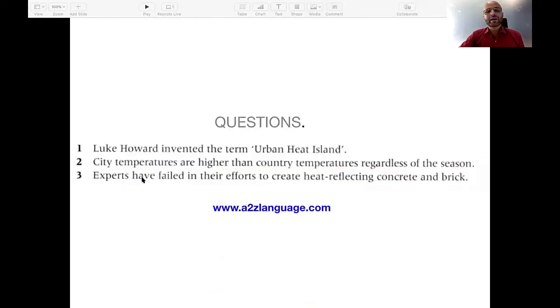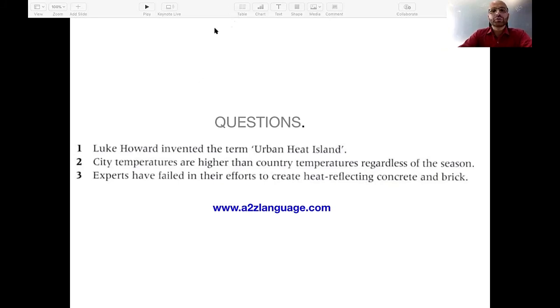Next question says that the experts have failed in their efforts to create heat reflecting concrete and bricks. Again, let's read the question. Make sure it's another skill that you have to understand: the question clearly, because once you understand the question clearly, it will make the job much easier.